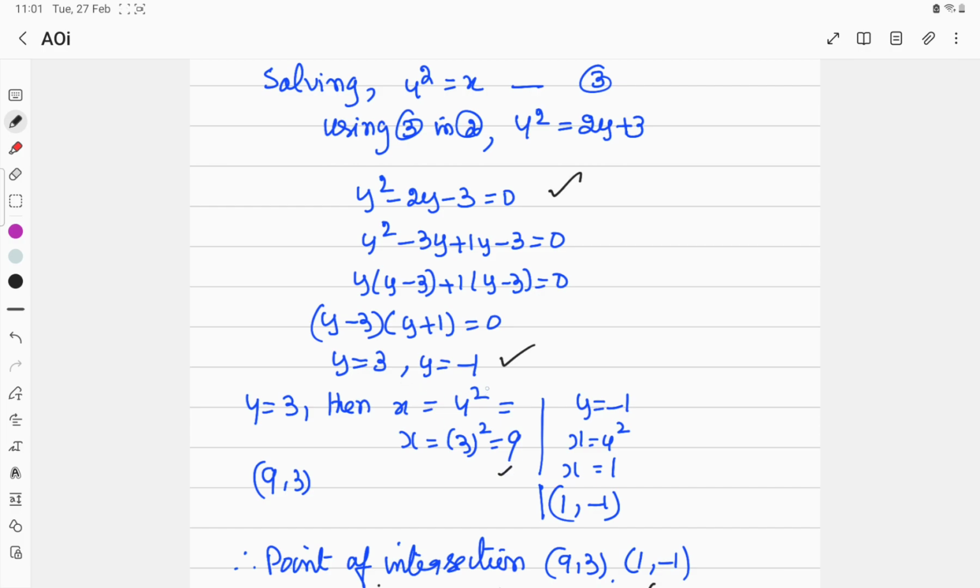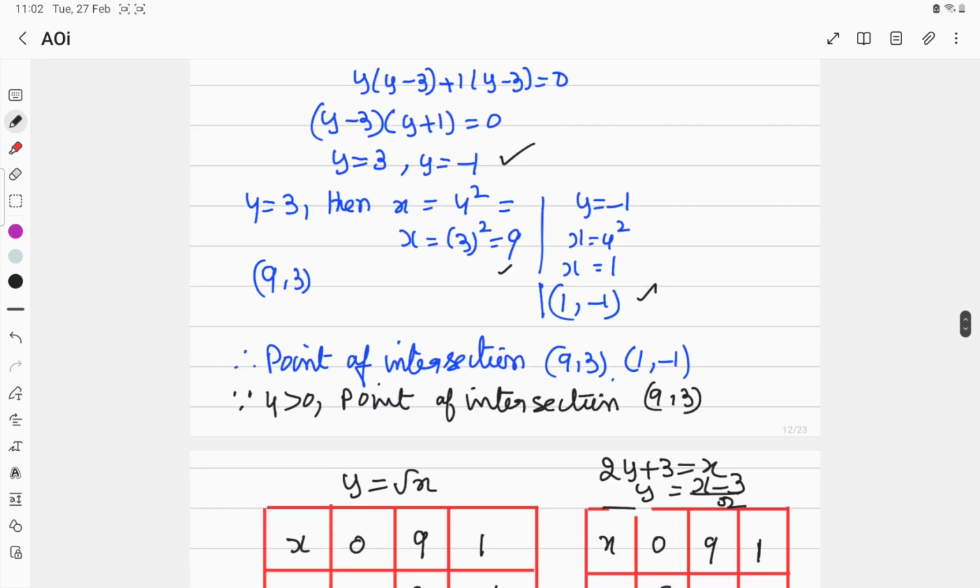If we put y = −1, x = 1. Therefore, the intersecting points are (9, 3) and (1, −1). Since y is greater than 0, we take the point of intersection (9, 3).